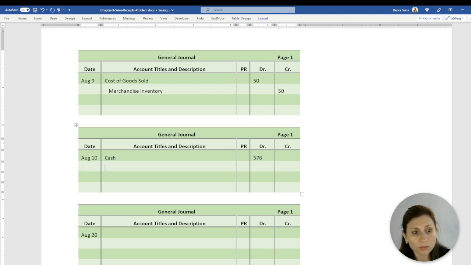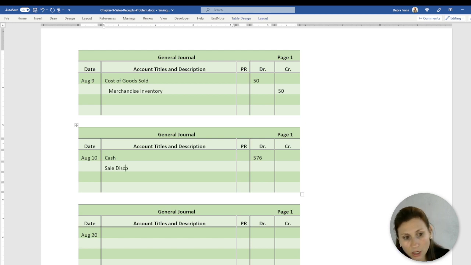And then we know, well, of that $600, $24 was our discount. So we'll have this contra revenue account called sales discount. Since it's a contra revenue, and a revenue's balance is a credit, and contra we'll think contrasting, opposite, it's going to have a normal balance of a debit.